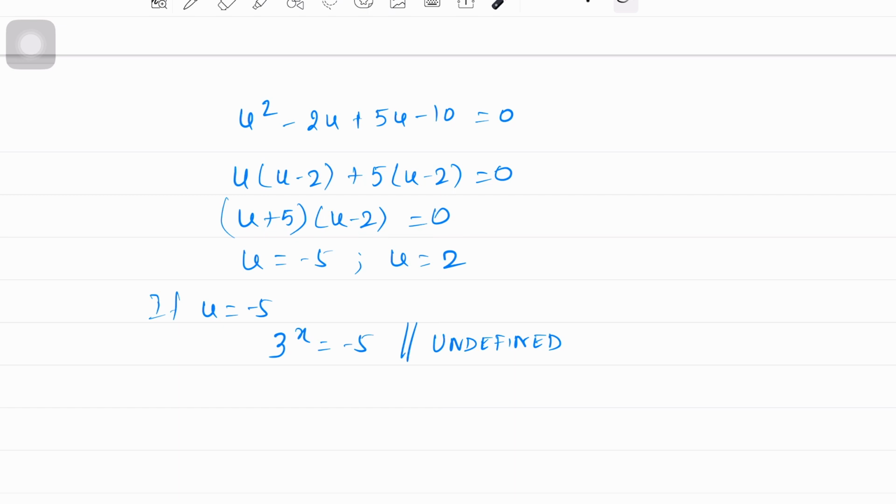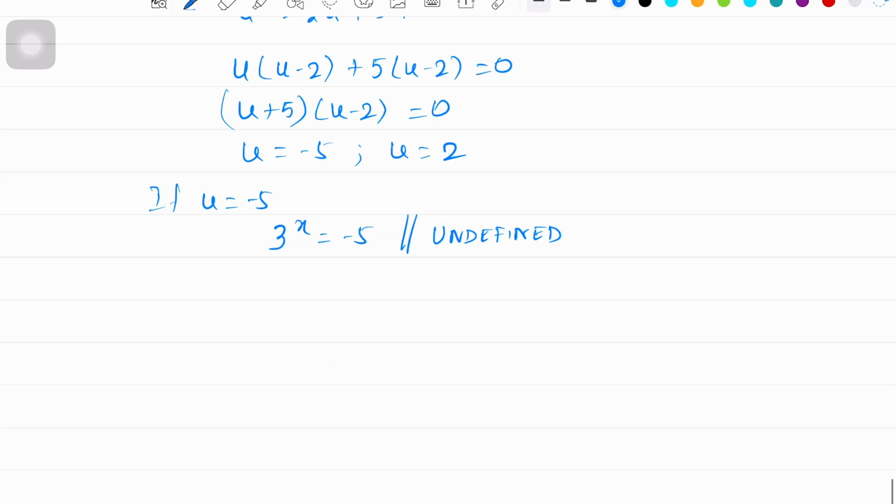If you put x equal to some positive value, then again it will be a positive number, or if you put x equal to 0, this will be 1. So 3 raised to x cannot be negative 5, so it is undefined. Rejecting u equals negative 5, since 3 raised to x equals negative 5 is undefined.